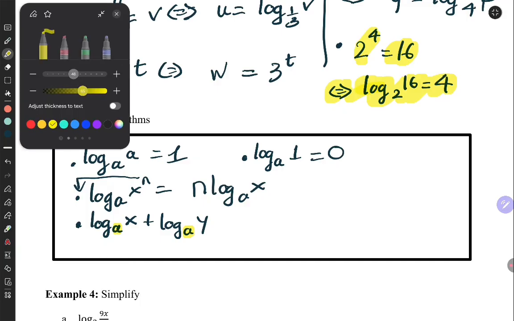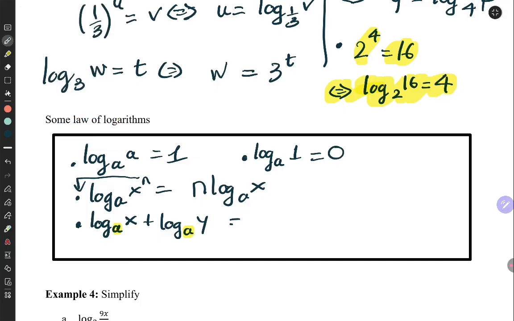Okay, they have to be the same base. Then you combine them into one logarithm, again returning the same base, but that x and y will be x times y.